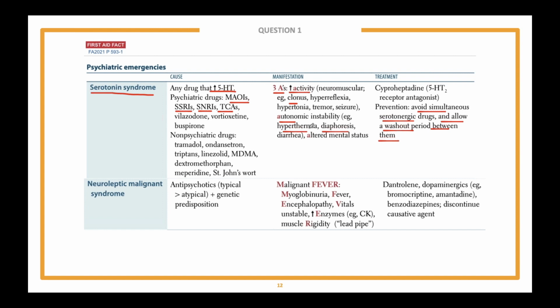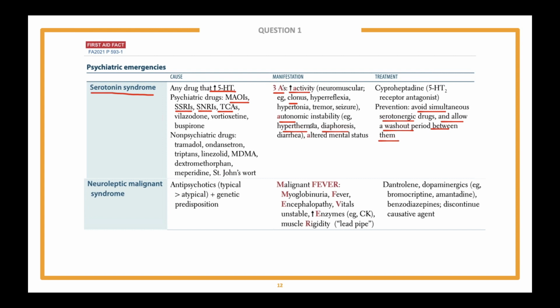So she was probably then started on another drug which increased serotonin levels, and as we'll show again when we get to the answer choices, the only one was answer choice E, which is a monoamine oxidase inhibitor, okay? So there was no washout period, usually at least a couple weeks, 2 to 4 weeks, depending on the drugs. But that can help prevent serotonin syndrome. So this patient likely had too much serotonin and then developed serotonin syndrome.